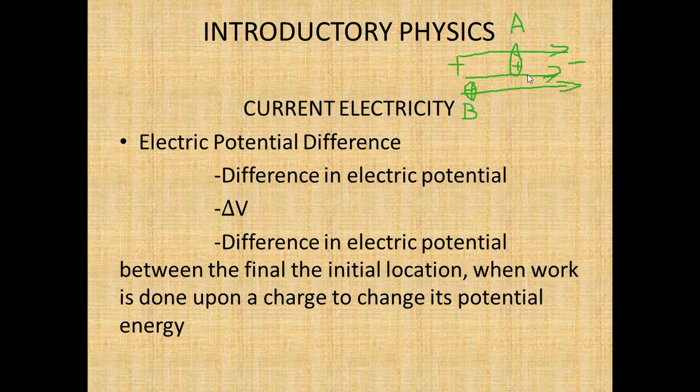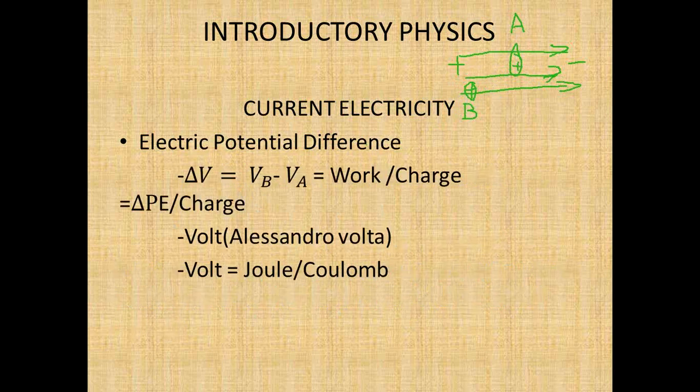You have to do work, but once you do the work, you convert that work into potential energy, and then if you release the object, that potential energy is converted to kinetic energy. So the difference in electric potential between the final and initial location is when work is done upon a charge to change its potential energy.